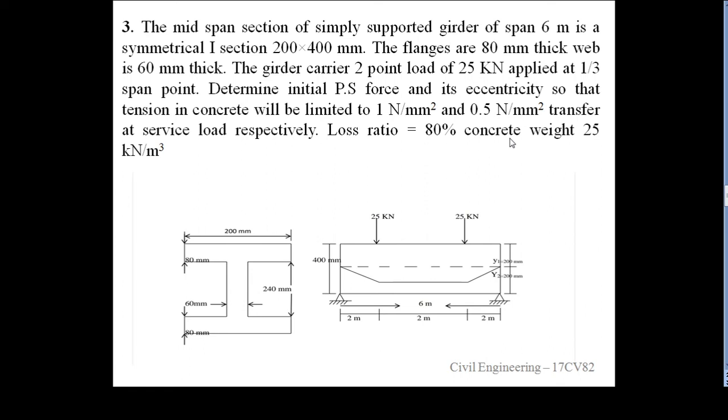The girder carries 2-point loads of 25 kN applied at one-third span points. Determine the initial pre-stressing force and its eccentricity so that tension in concrete will be limited to 1 Newton per mm square and 0.5 Newton per mm square at transfer and at service load respectively. Loss ratio is equal to 80%, concrete weight 25 kN per meter cube.